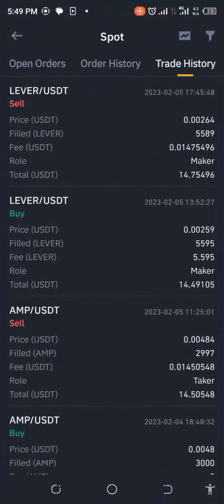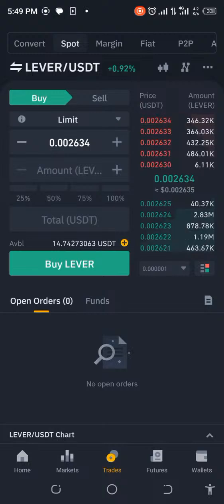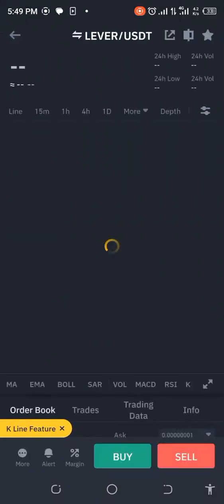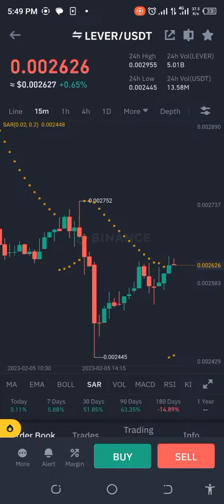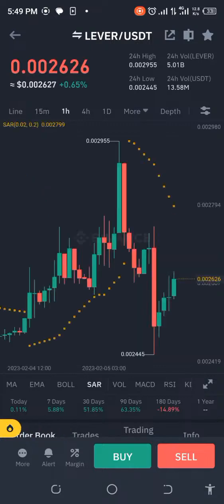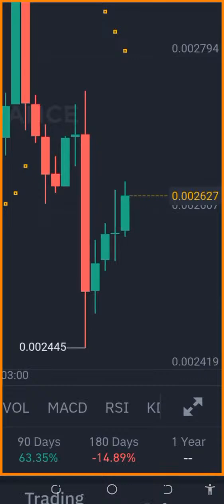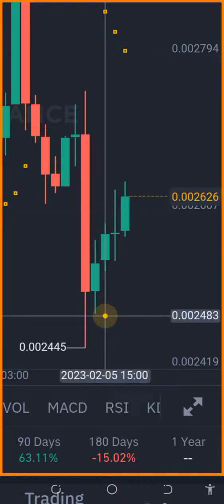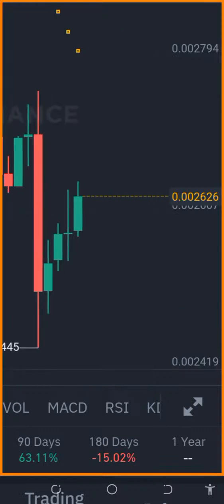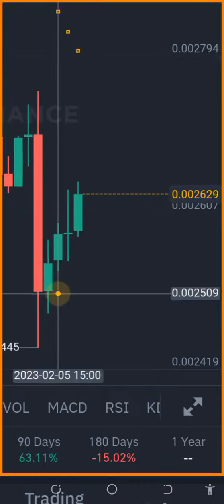As I've shown you. So let's take a good look at the chart one more time. Let's look at 1 hour, and you'll see that it actually got to this point. Sorry, that's within the last 3 hours.